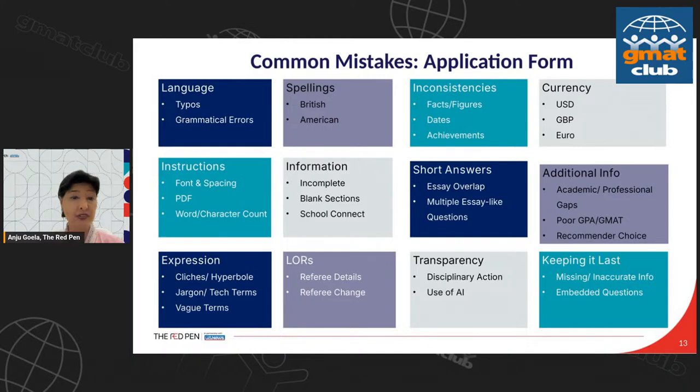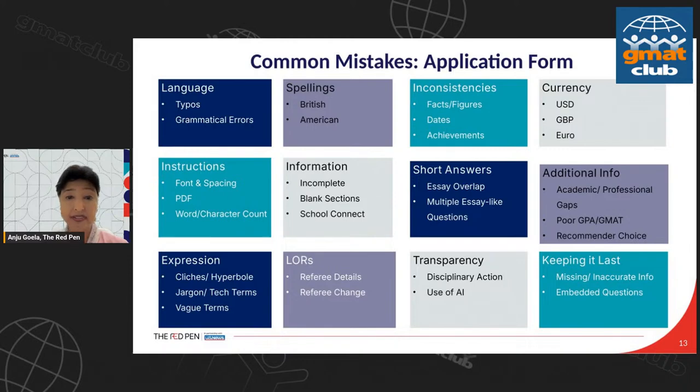They're not expected to know everything about every background, every industry, and every function. Therefore, simplify jargon and technical terms. Do not use vague terms like "I undertook this initiative which added significantly to the top line or the bottom line." What does significantly mean? Be specific and say it added $100,000 a year to the top line.